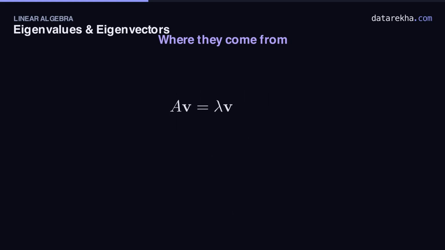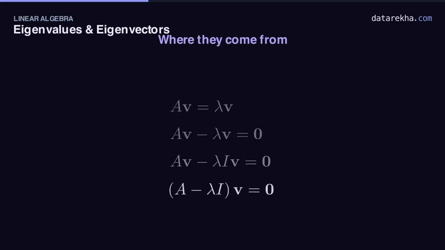So how do we actually find lambda? Start from the definition and pull everything to one side. Subtract lambda v from both sides. Nothing new yet, just tidying up. Now one clever move. Write lambda v as lambda times the identity matrix times v. So both terms are a matrix hitting v, and we factor out v.